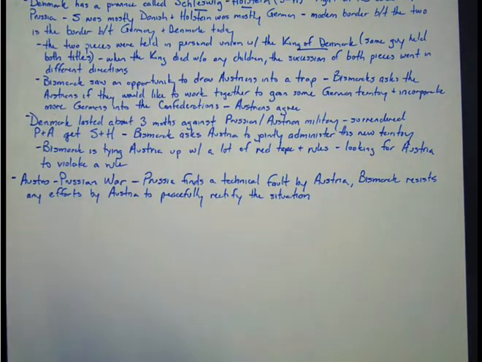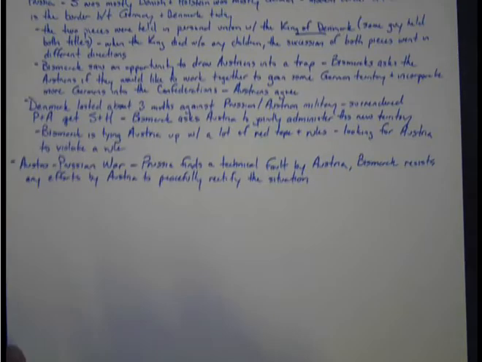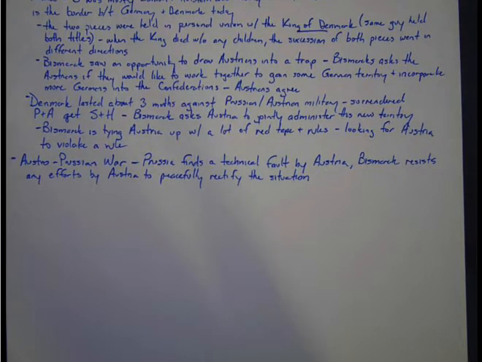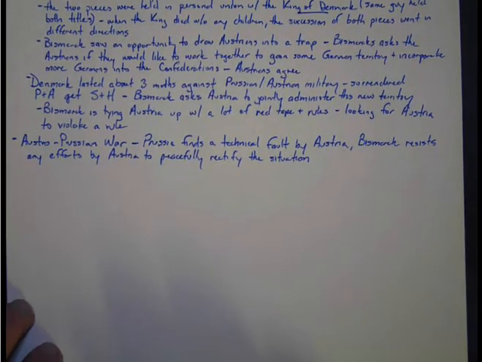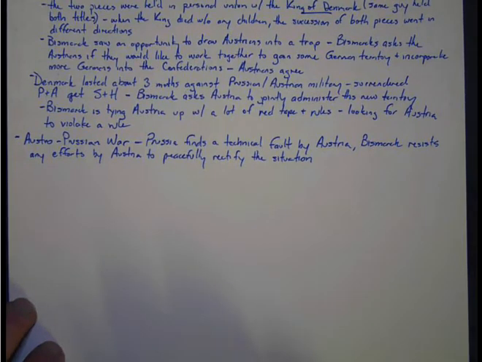So Austria is like, yeah, we understand we did something wrong. Don't worry about it. We'll fix it. And Bismarck is like, no. This is much bigger than that. I'm going to have to think about what you're going to have to do to fix this situation. And so Bismarck purposefully rejects anything that Austria tries to do to peacefully rectify the situation. Austria acknowledges that they're wrong, but Bismarck won't let it go.